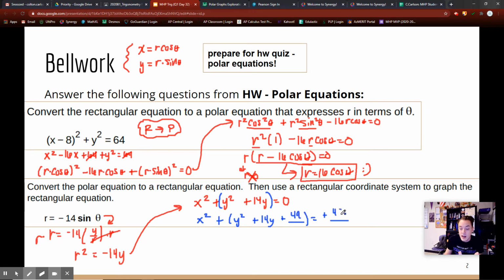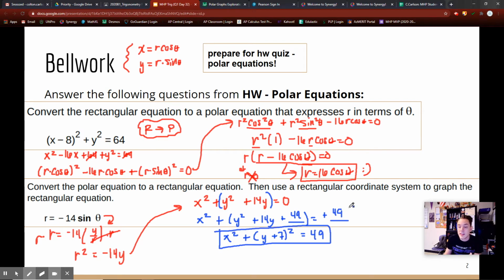This gives me 49. And now what I have is x squared plus the quantity y plus 7, squared. Factor that perfect trinomial. If you don't know where 7 comes from, just take the b term divided by 2, and that's the 7. That's where it comes from. 14 divided by 2 is 7. Equals 49. And then this is my final answer.